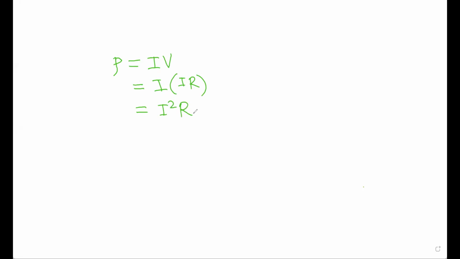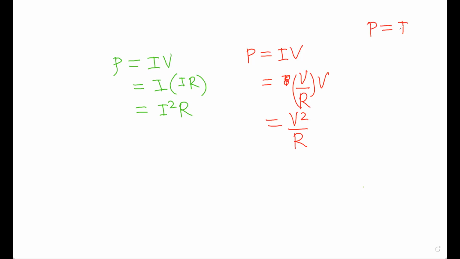Or we can also use this one: I equals V over R, so P equals V squared over R. P equal to IV is normally used for a source, because for a source we can find the current and the potential difference.